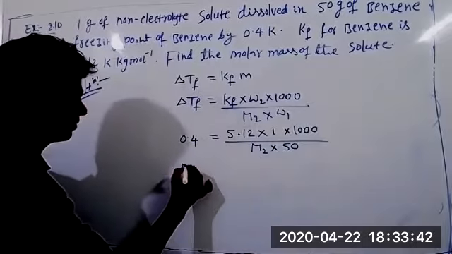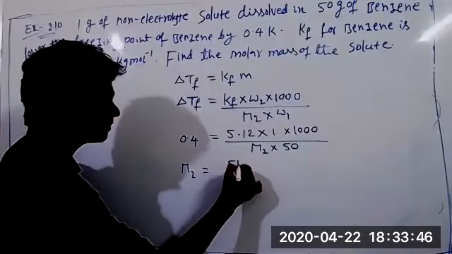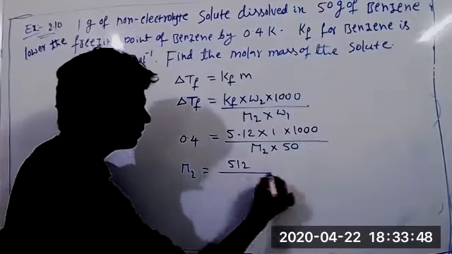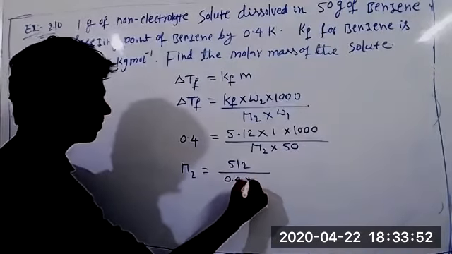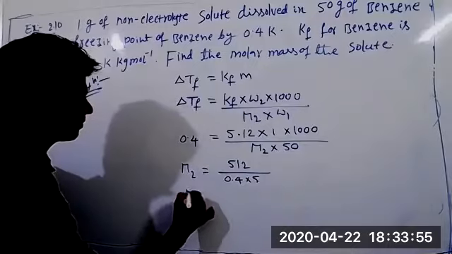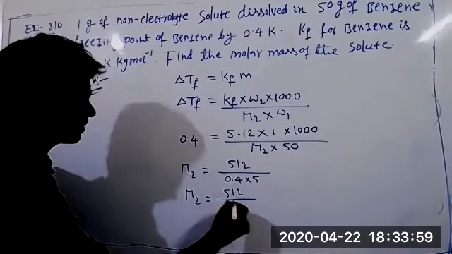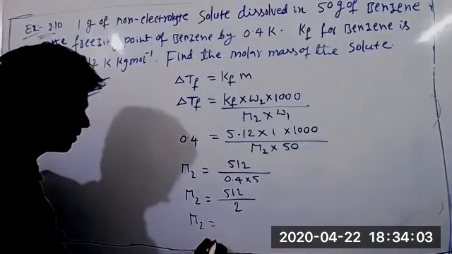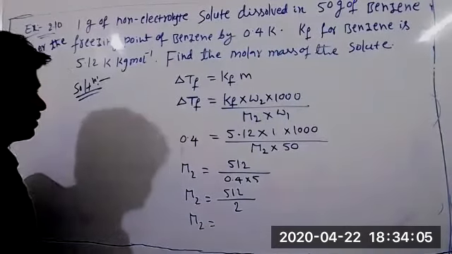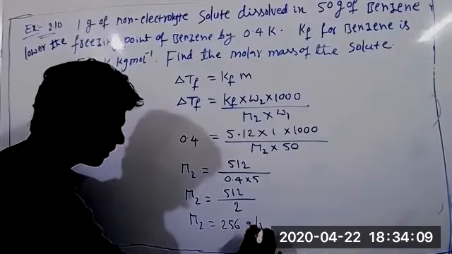M2 is equal to 512 divided by 0.4 into 5.2. We know this value. M2 is equal to 256 gram per mole.